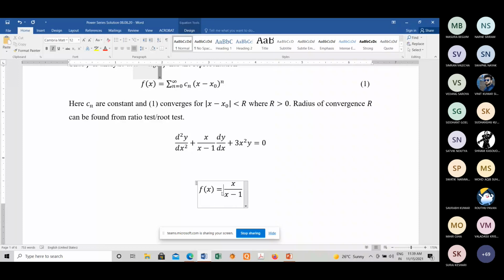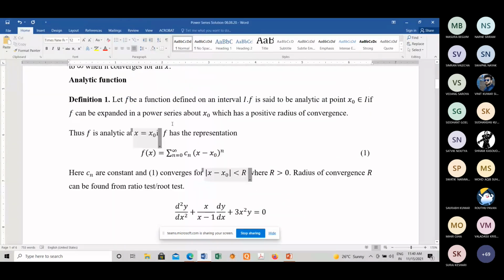Although we have been studying the definition of analyticity, a function f is said to be analytic at a point x naught which belongs to the interval I if f can be expanded in a power series.